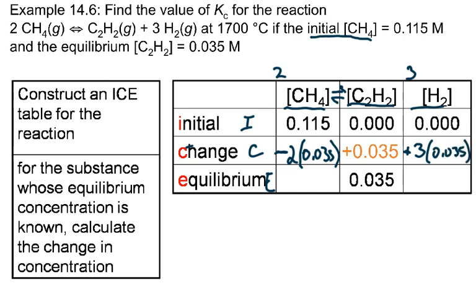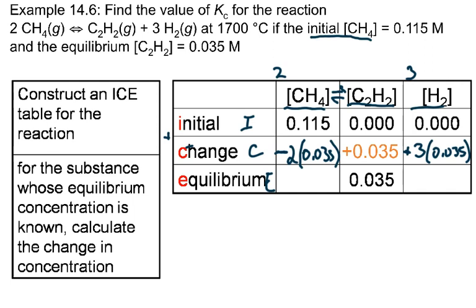And then to find our equilibrium, you always just add together your initial and the change. You want to keep track of if you're losing or gaining, but whatever you lose in reactants, you gain in products.